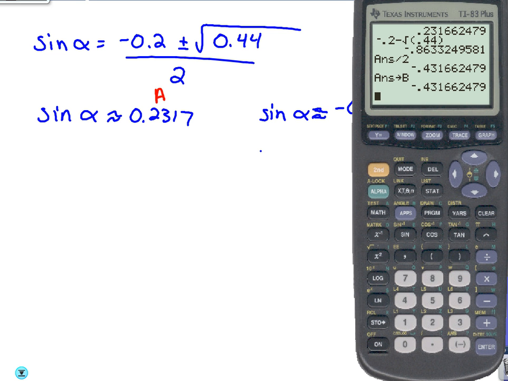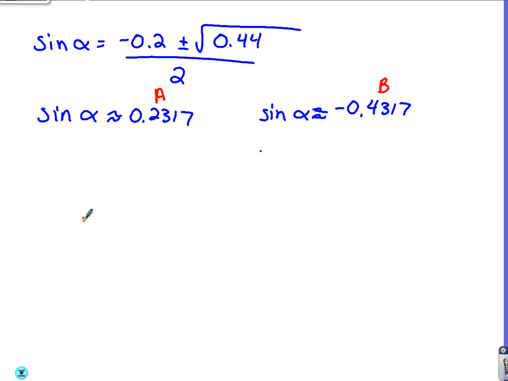So the second sine of alpha A, right? So about 13.4 degrees, 13.39 degrees. But we got a problem there. That's not your only answer. That's one of two answers between 0 and 360 degrees.